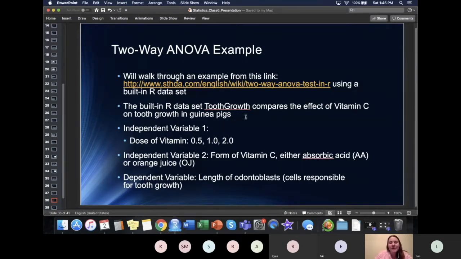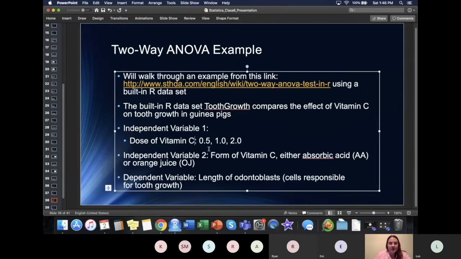So in this case, independent variable 1 is the dose of vitamin C. So the dose is 0.5, 1.0, or 2.0. Now our independent variable 2 is going to be the form of vitamin C, either ascorbic acid, which you'll see if you take a vitamin C supplement, like a pill, it'll almost all the time be put in there with ascorbic acid, or orange juice.